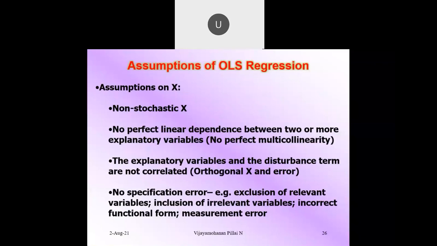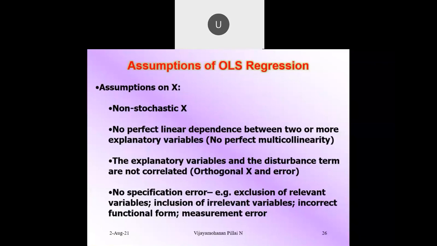We will come to all these assumptions later. So these are the OLS assumptions, and only if these assumptions are satisfied, the OLS estimates become BLUE, that is, best linear unbiased estimates.